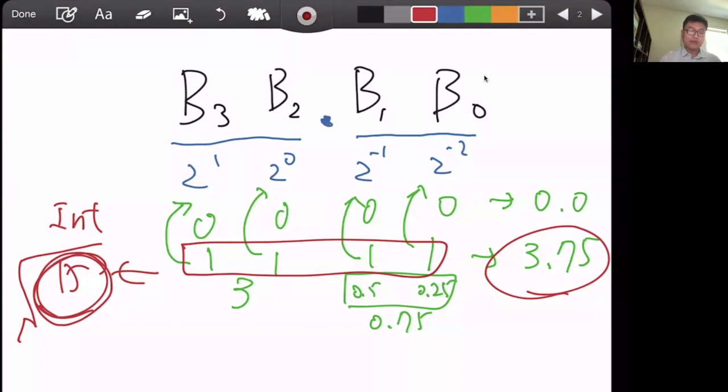So for this approach, we lose a lot of numbers we can represent, because we lose a lot of bits to represent the floating point part. Even for 4 bits, it goes from 15 to just about 4.